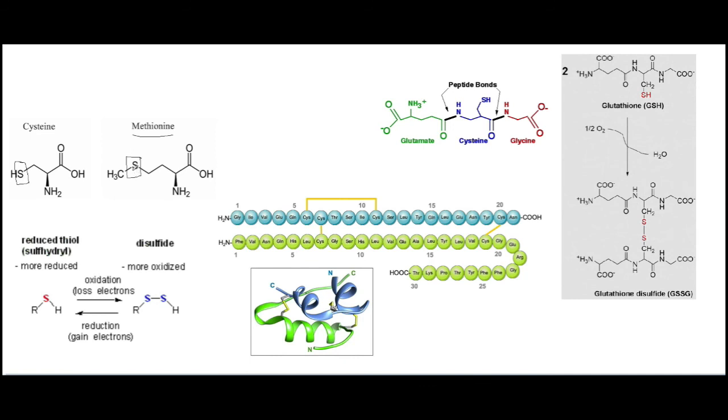What we're talking about here does not really apply to methionine, but I just wanted to show the structural differences between these. And so with cysteine, what can happen is you can actually do redox reactions with this sulfur, and through that you can form what are called disulfide bonds, right, like what you see here.